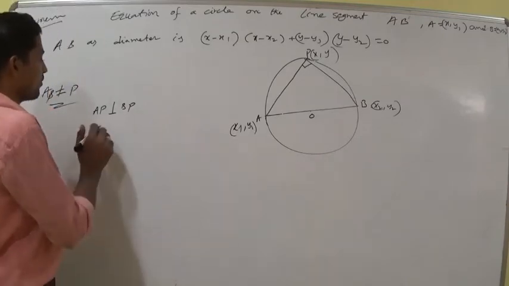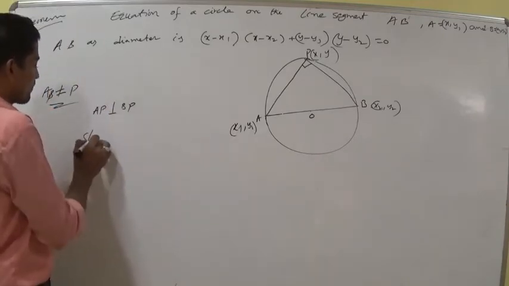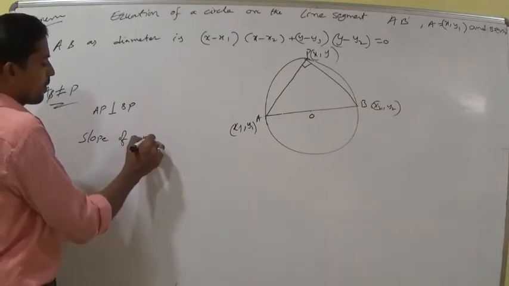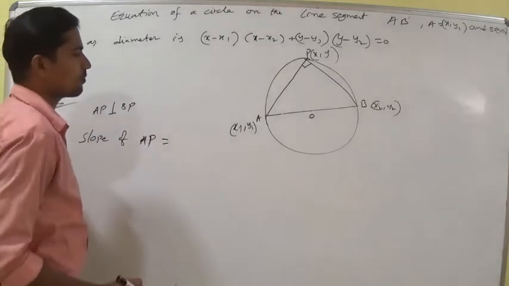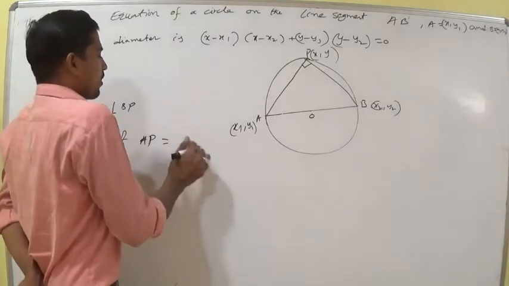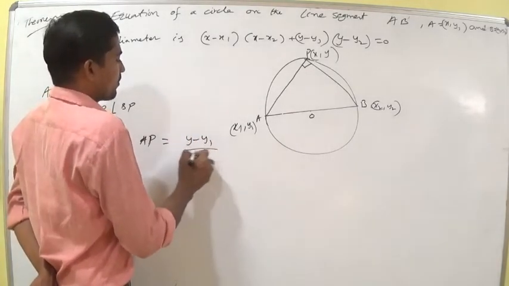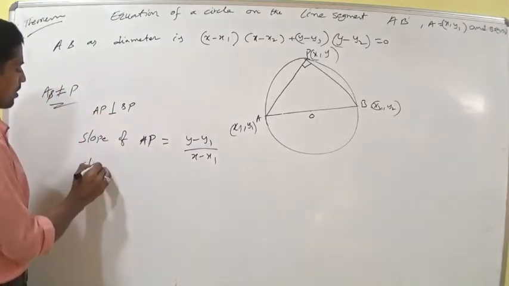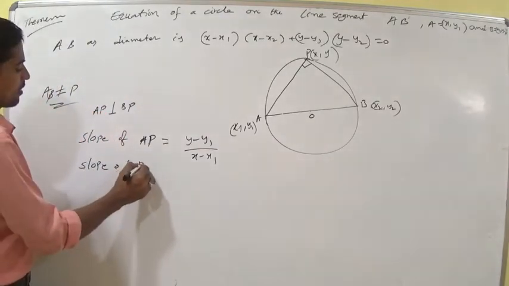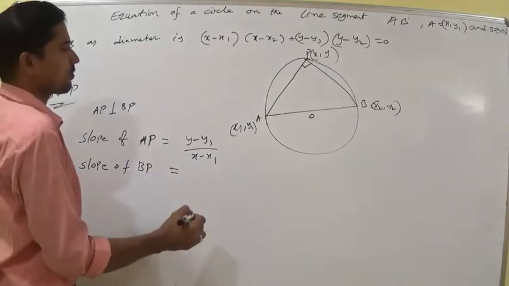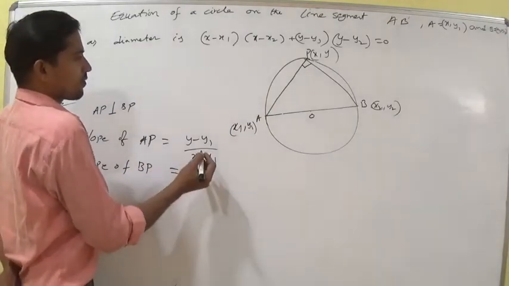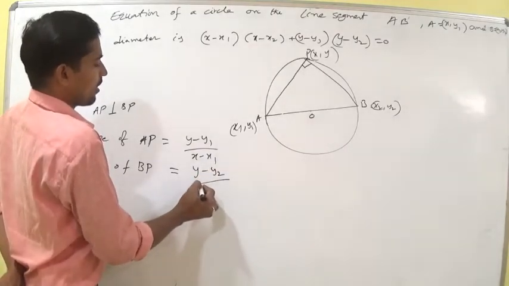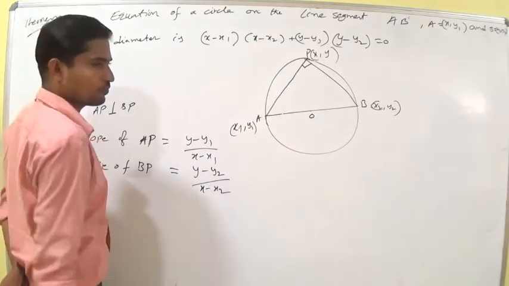So the slope of AP is (y - y1)/(x - x1). The slope of BP is (y - y2)/(x - x2).